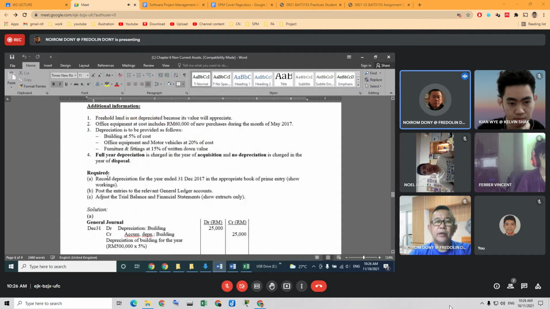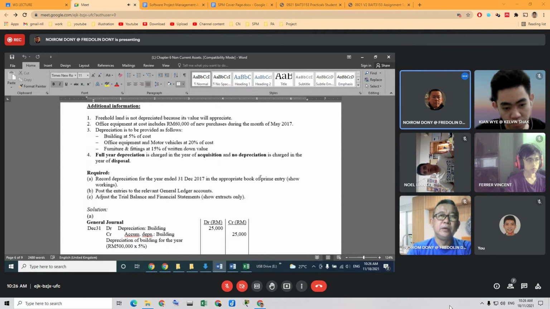Now required: record depreciation for the year ended 31st of December in the appropriate book of prime entry. It doesn't tell you which prime entry, so you have to decide. What we have learned today, we know that this is not related to the sales cycle, purchase cycle, or cash or cheque payment.